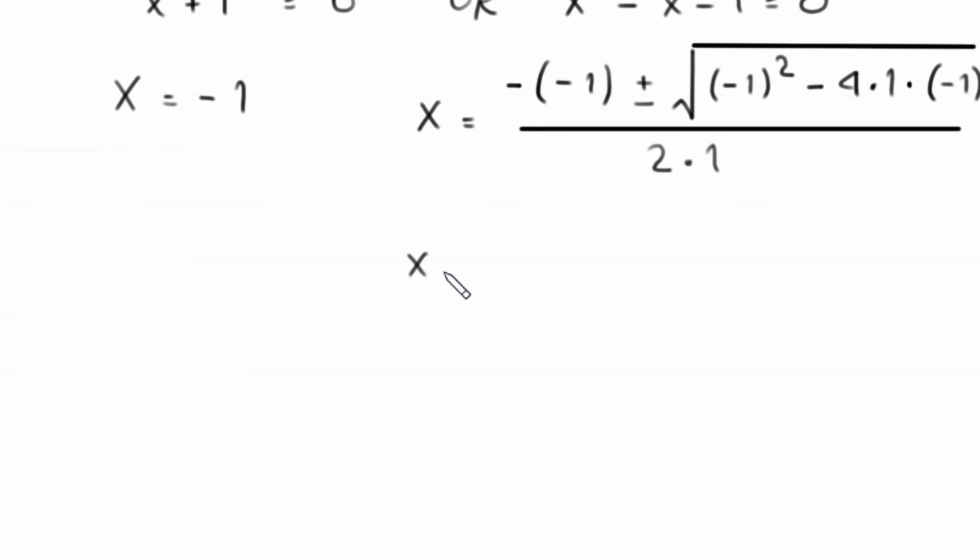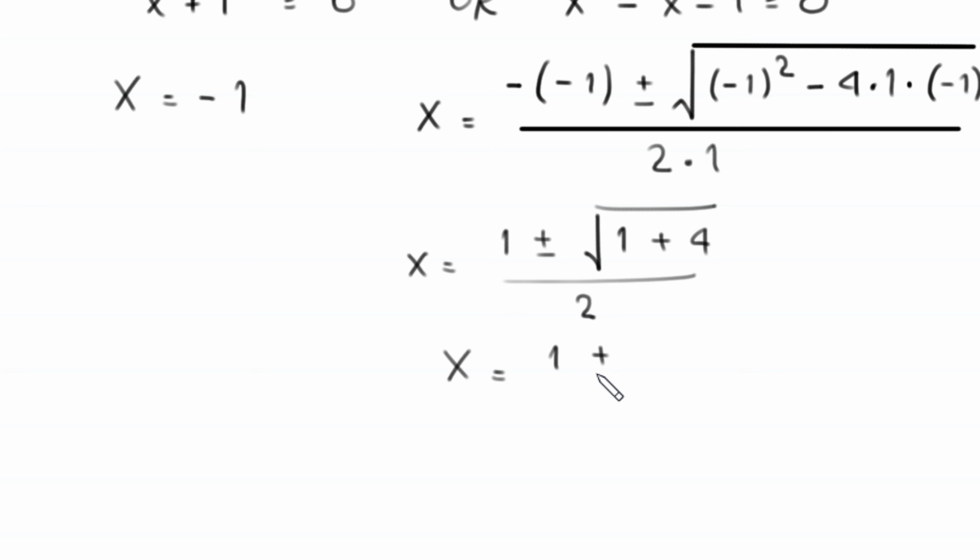Next, x is equal to negative times -1 will become 1 plus or minus the square root of this -1 squared is 1, and -4 times -1 plus 4, divided by 2 times 1, 2, and x will be equal to 1 plus minus root 5 divided by 2.